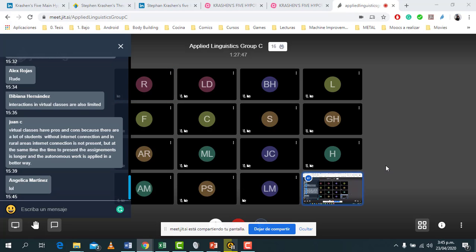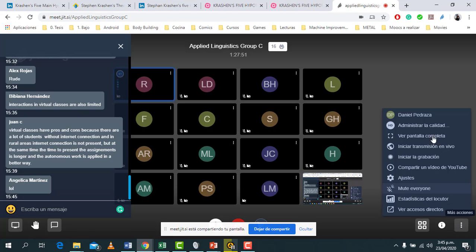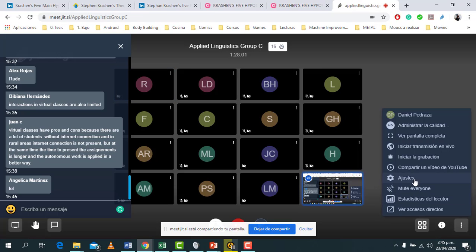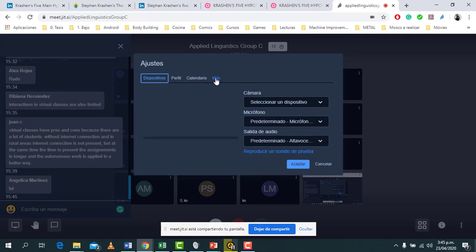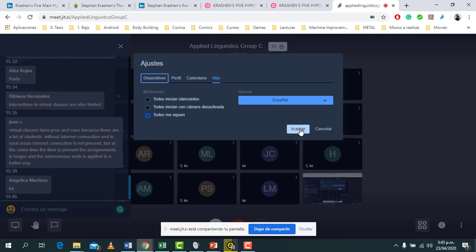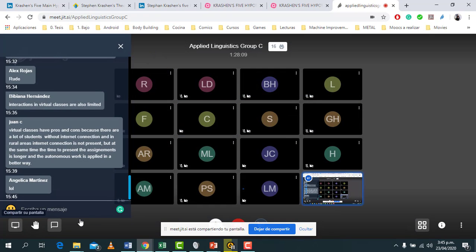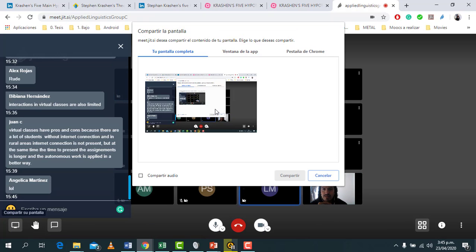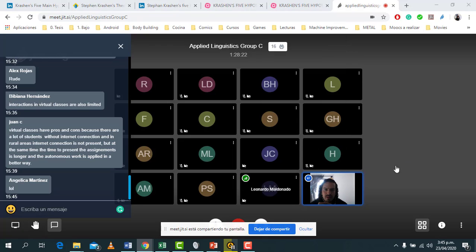It only appears the logo of a monitor. Can you see me now? Yes, I can see your face, but not the screen. Now the screen? Yeah, now we do.